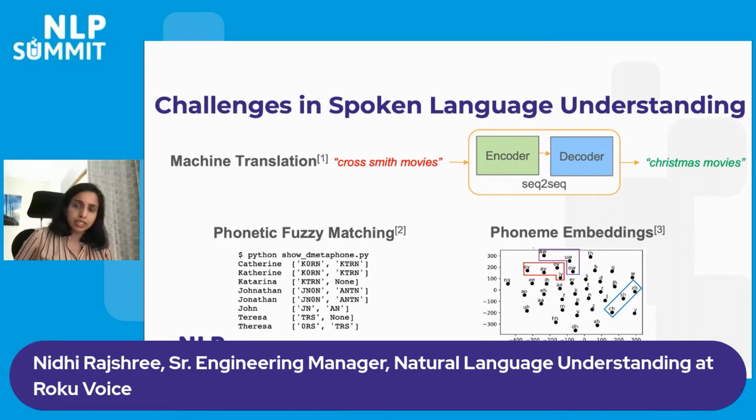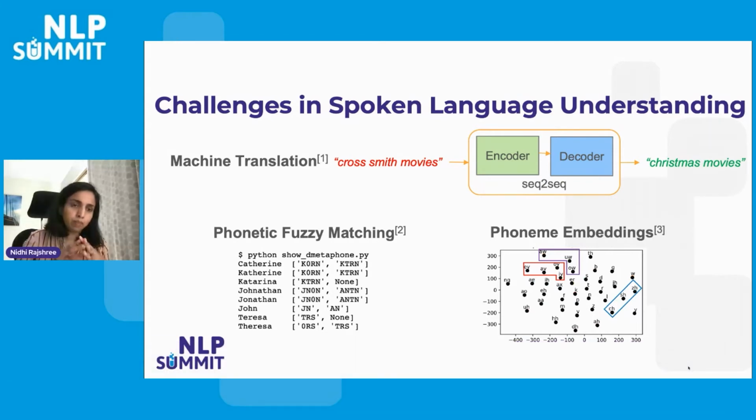Now, apart from machine learning techniques, there are other techniques like phonetic fuzzy matching, which are much simpler, but they rely on powerful phonetic encoding algorithms like Double Metaphone or Soundex, which transform text into a phonetic encoding. As you see here, Catherine spelled with a C and Catherine spelled with a K, even though their orthography, their written forms, are different, the phonetic encodings that come out after applying these algorithms are exactly the same.